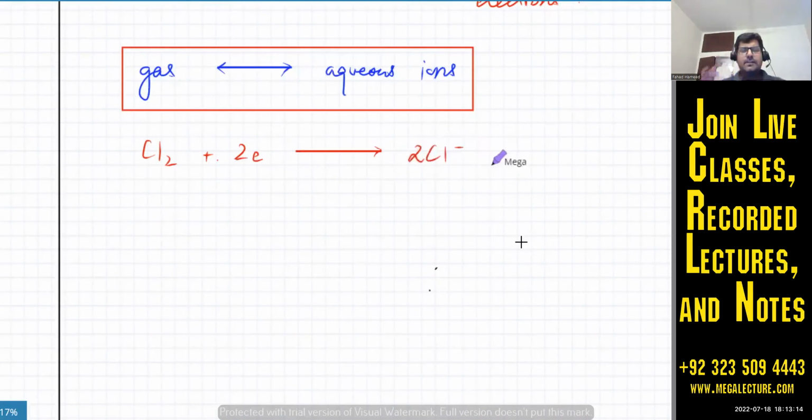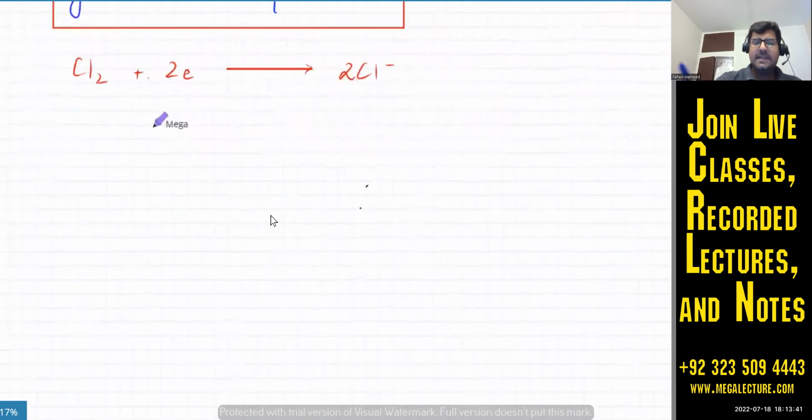We're pretty sure it's not the other way around: Cl- doesn't like to form Cl2, because if Cl- wanted to form Cl2, our table salt would spontaneously turn into chlorine gas. It doesn't. Cl- is very stable. Cl2 turns into Cl-. The other way is harder to do. You need electrolysis to reverse this, because a lot of energy is required. So the reverse is not going to happen. It's Cl2 that's gaining electrons, right?